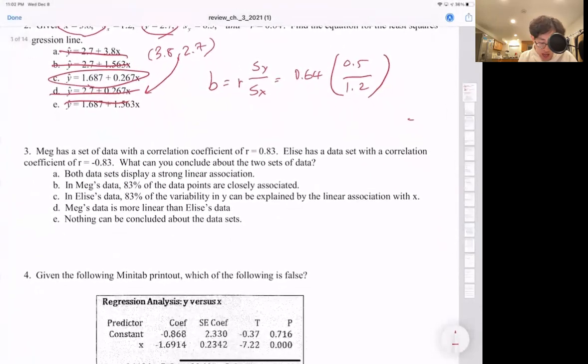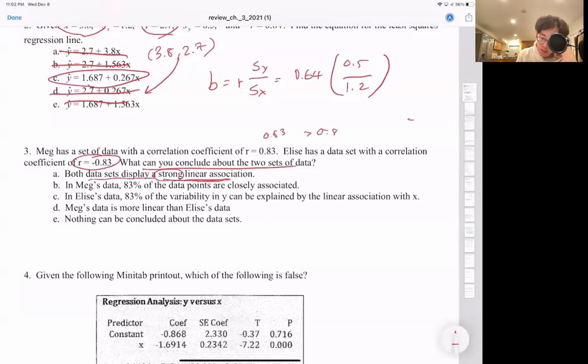It says r is negative 0.83. What can you conclude about the two sets of data? Well, it's negative, and it's strong. Let's keep that in mind for now. Both data sets display a strong linear association. That seems to be fine, but with this type of correlation coefficient, as long as it's higher than 0.8 in magnitude, we want to say it's strong.